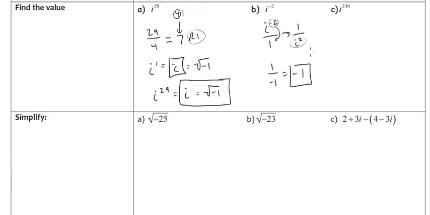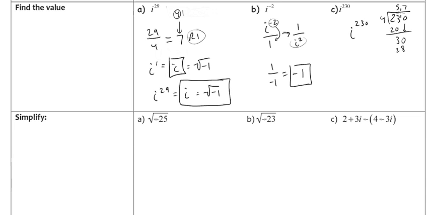-1 is our answer here. And then lastly, i to the 230th. Oh, so big. We're going to do the exact same process we did with the first one. So we have i to the 230th, and we're going to take 230 divided by 4. Let's see, 4 goes into 23 five times, and it leaves us with 3. Bring down the 0. 4 goes in there 7 times.